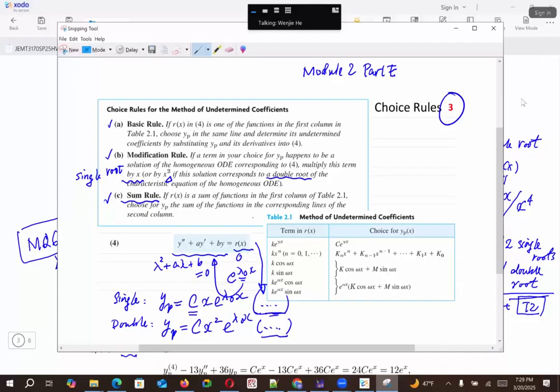Sum rule. You take the sum of those two forms.